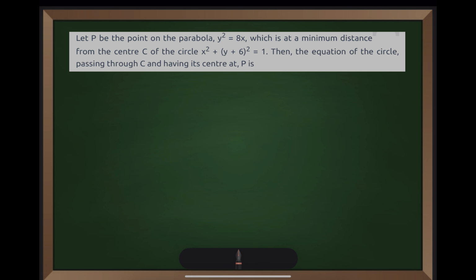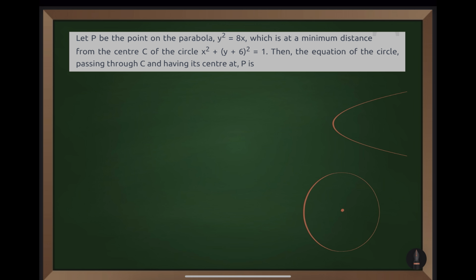So we got this illustration. Let P be a point on the parabola. So you have a parabola on which P exists, which is at a minimum distance from the center C of the circle. So we have another circle, suppose this thing.